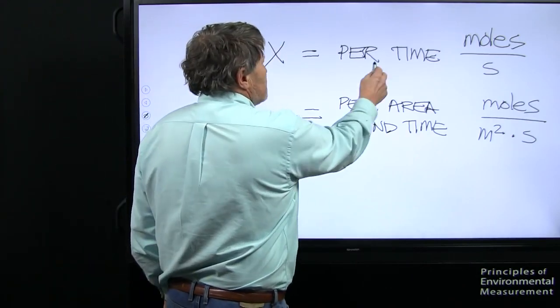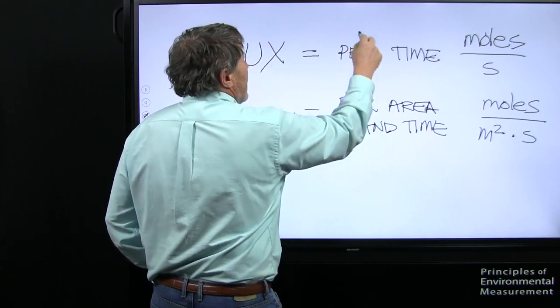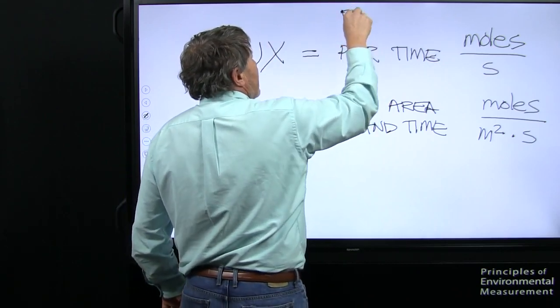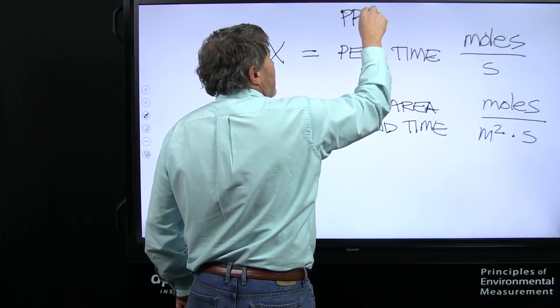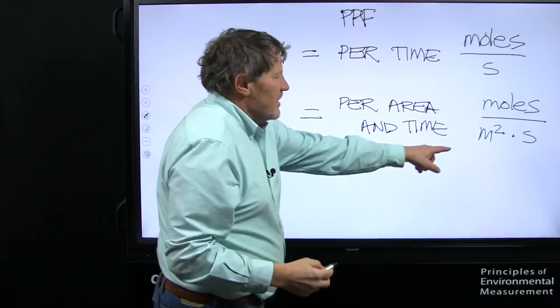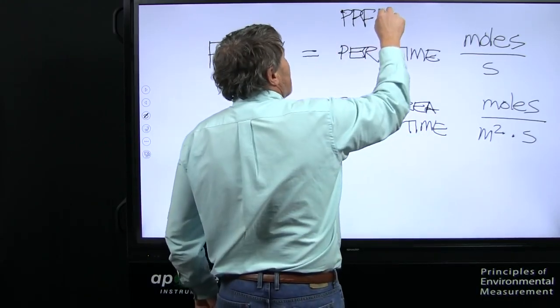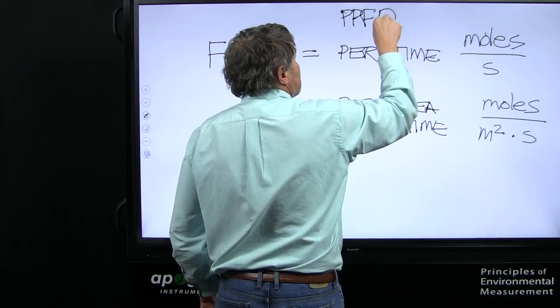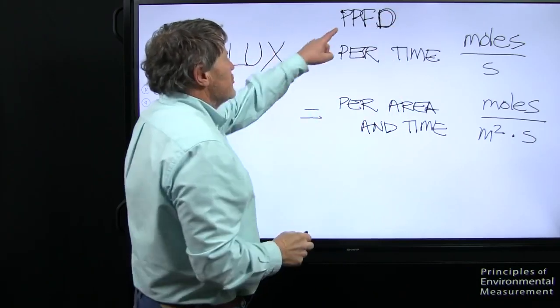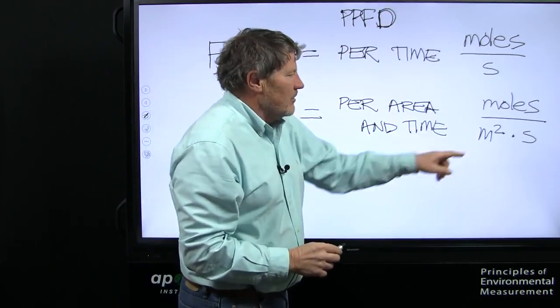If we use this definition per time, we would have PPF, and then where's the area in here? Oh, we better add D for density to this definition to make sure we've got the area.